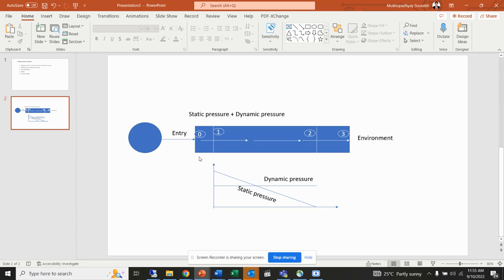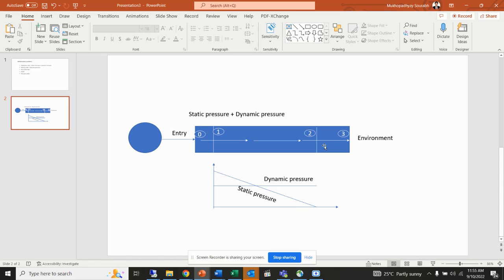And the code evaluates the back pressure accordingly. So based on the restriction, the system resistance, the downstream resistance, the code calculates the back pressure, that is called static pressure. And dynamic pressure is the velocity with which water is flowing through it.